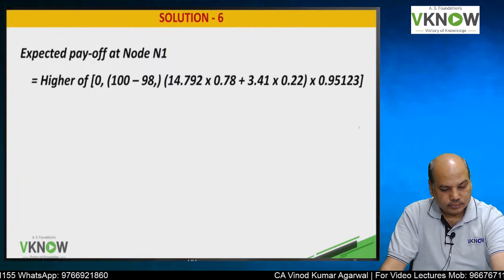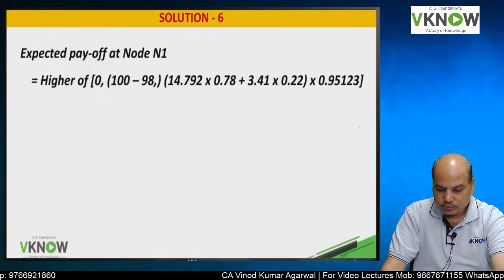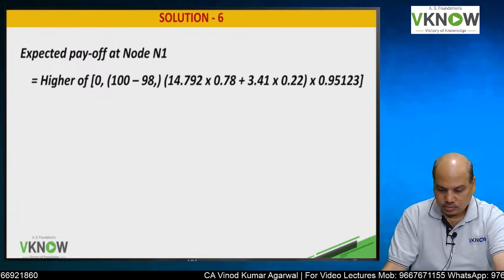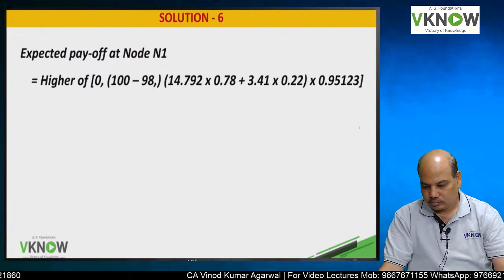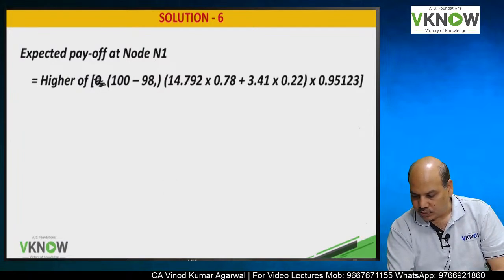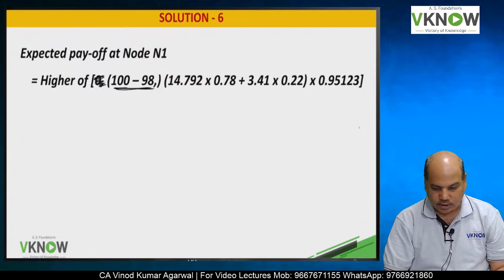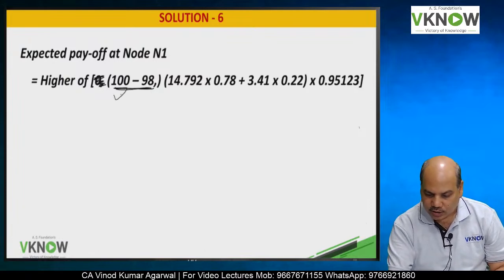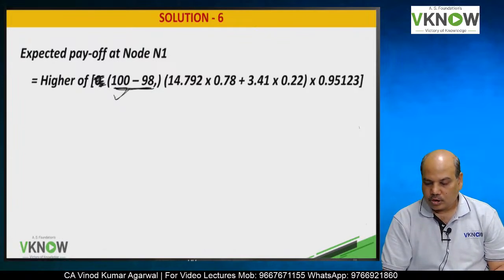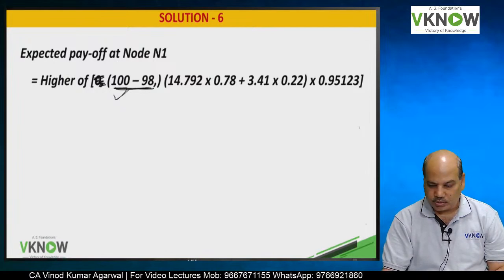Higher of 0. Why 0? It should not be 0. Just remove this. 100 minus 98, 2 rupees, because at 100 rupees the call has a value of 2 rupees.